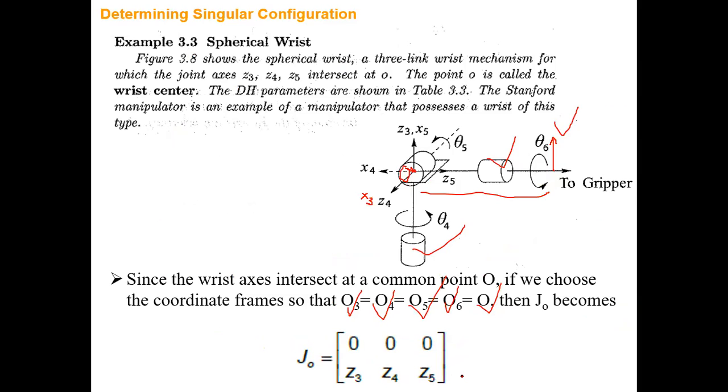I have decided to choose the coordinate frame for this wrist in such a way that my origin is exactly the same point. I choose a single origin for all of them.